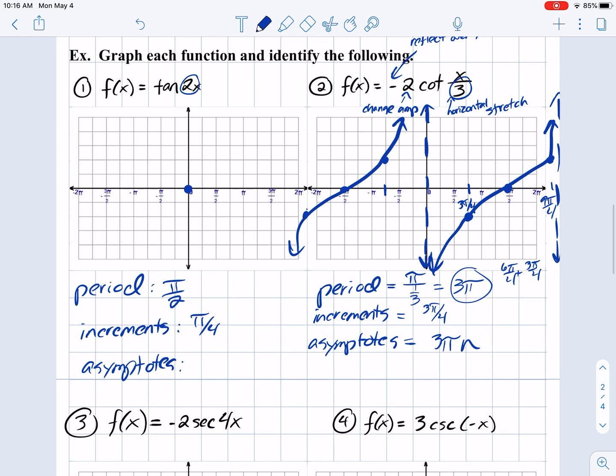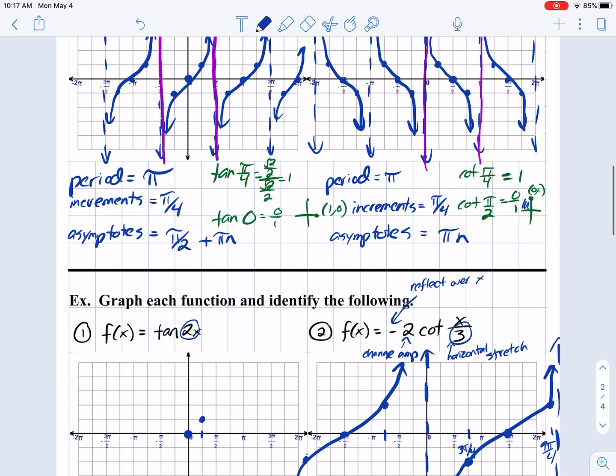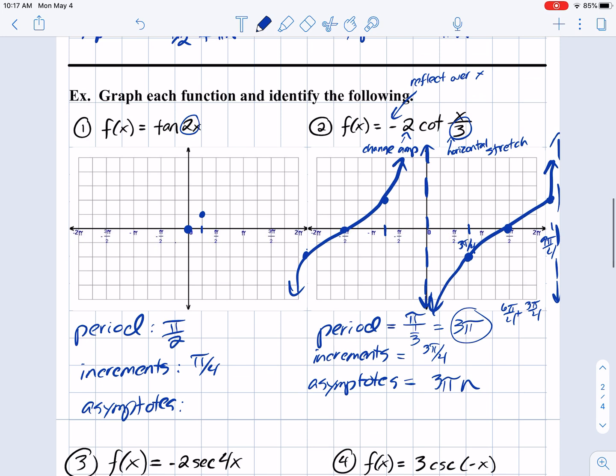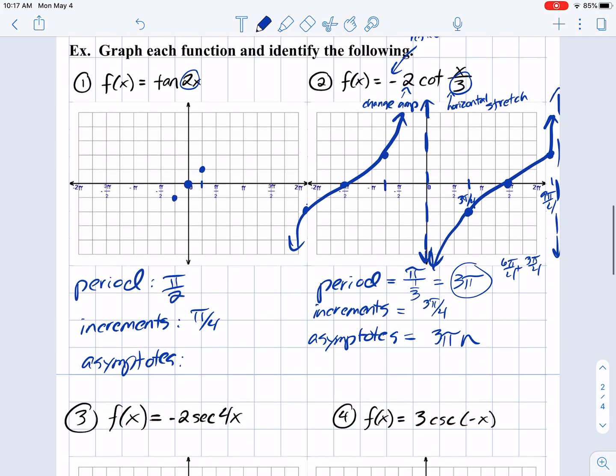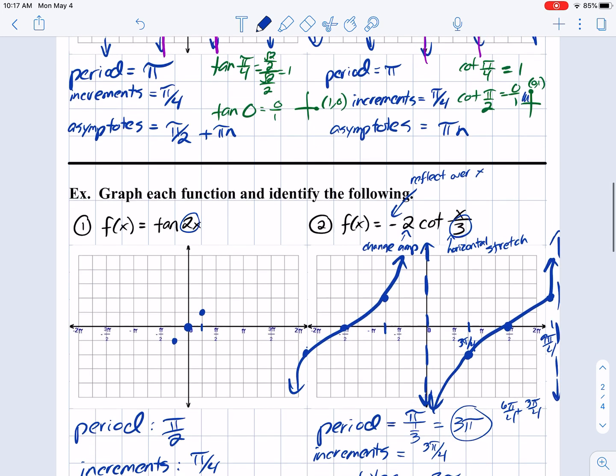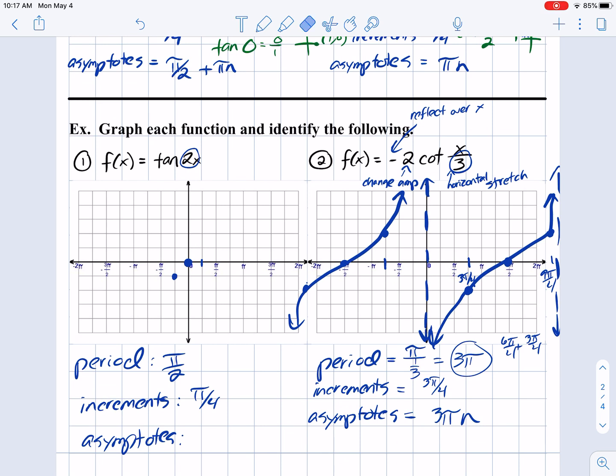And then our increments would be, this is a pi over 4. So I would have a point up here, right? And I would have a point down here. And then it's going to be compressed together. I'm sorry. Our increments are pi over 8, pi over 2 divided by 2. So this is actually where our asymptotes are going to be at pi over 4.